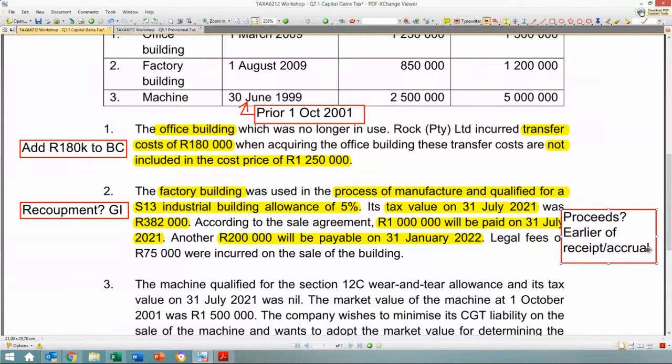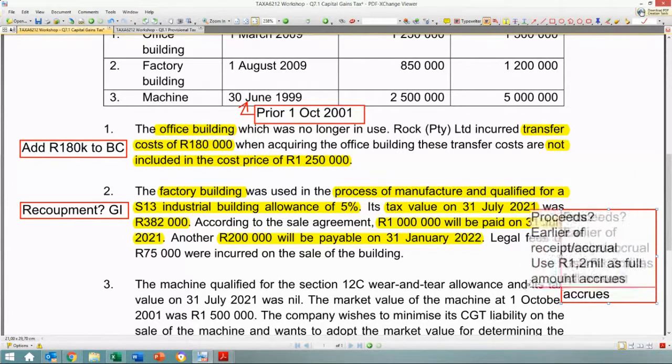So we will actually use the 1.2 million.